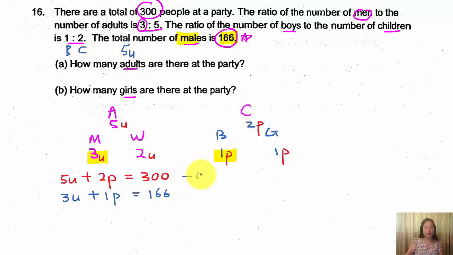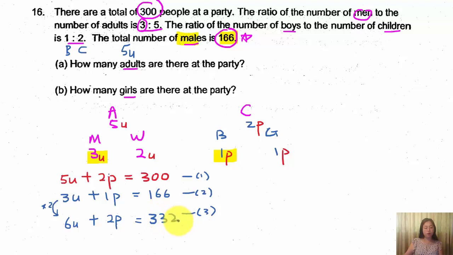So if this is equation 1 and this is equation 2, equation 3 will be equal to equation 2 multiplied by 2, because if we multiply 1 part by 2, it will be 2 parts, and definitely these 2 parts can minus each other. So this will be 6 units plus 2 parts, which is equal to 166 times 2, and this is actually 332.